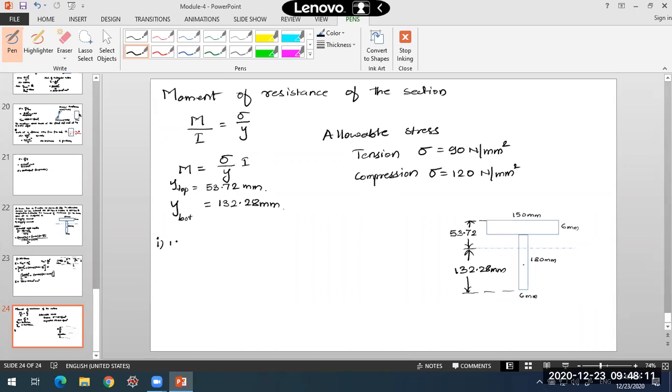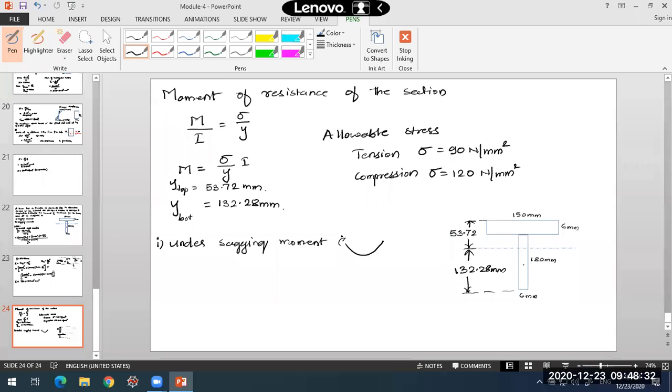First case, under sagging moment. What happens in this case? Tension is on bottom and compression is on top, sagging moment. This is the nature of sagging moment.